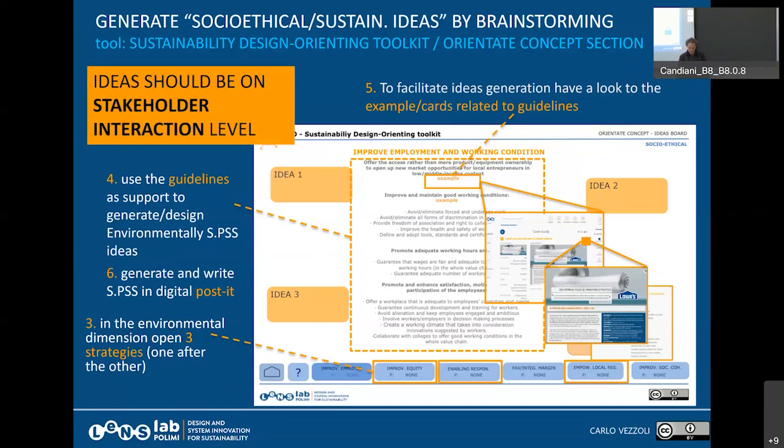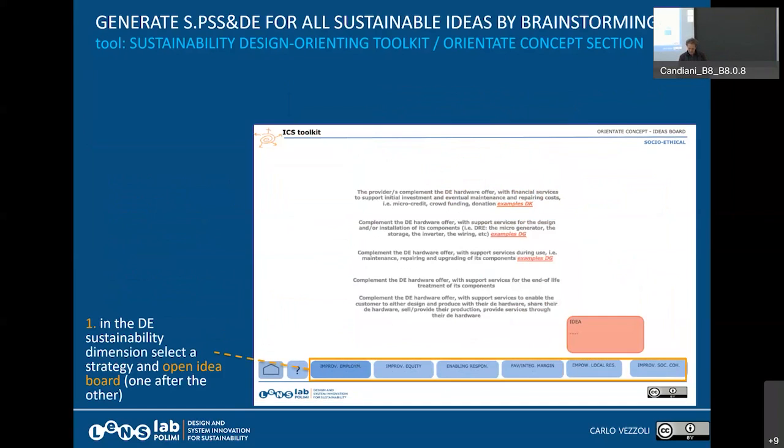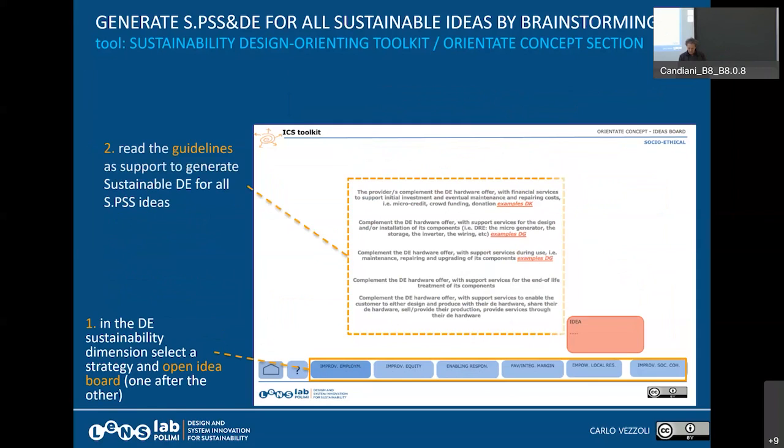Again, ideas should be up to a stakeholder innovation level. You will work after that on understanding how the ideas that have emerged could be framed into a distributed economy paradigm, okay?